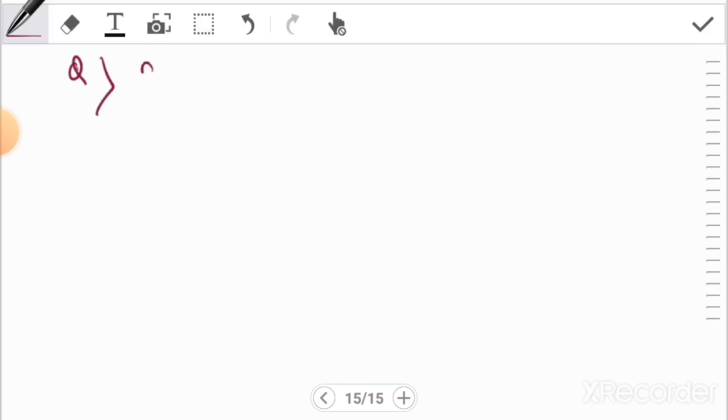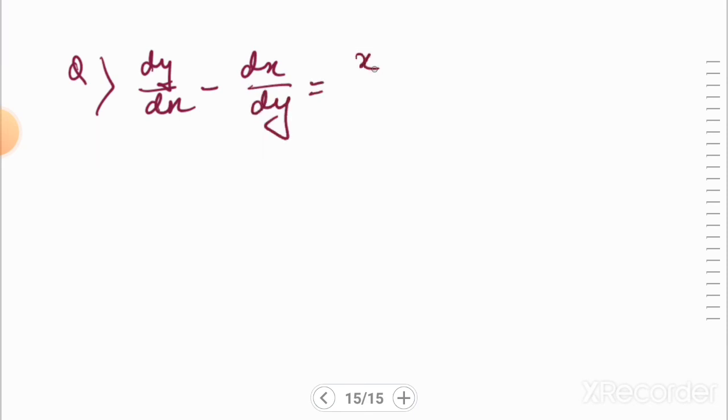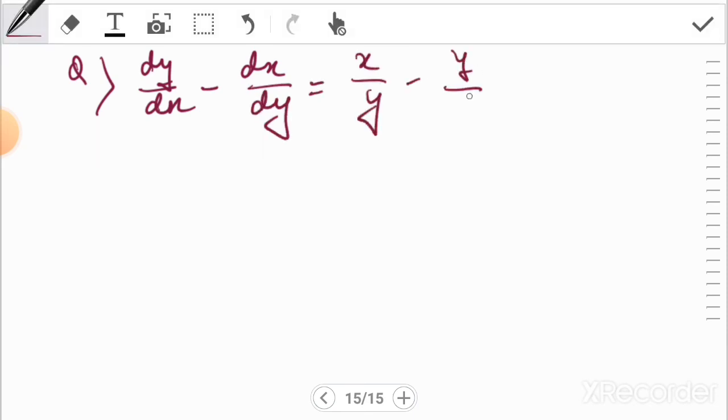Solve dy by dx minus dx by dy is equal to x by y minus y by x. So given the equation, if we put p in the place of dy by dx, p minus 1 by p is equal to x by y minus y by x.